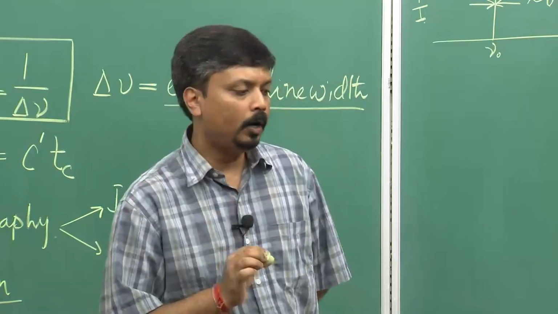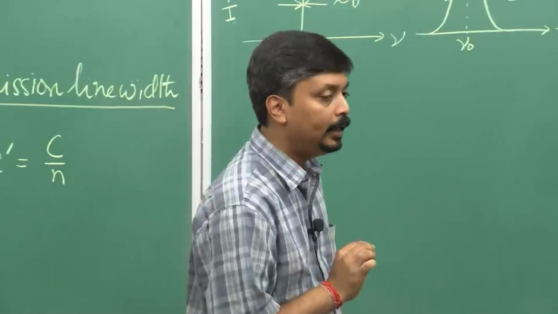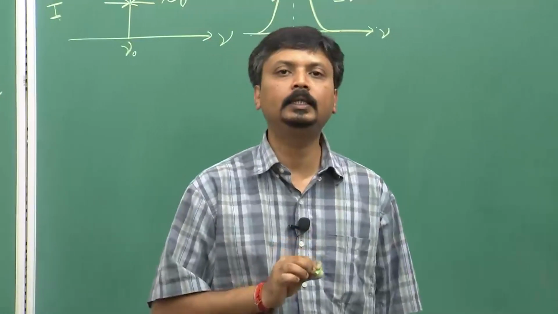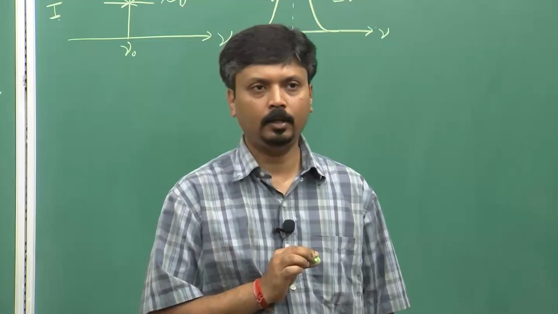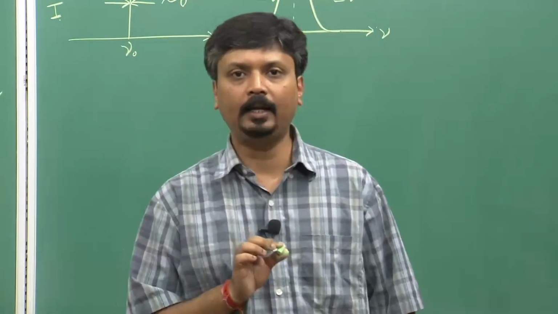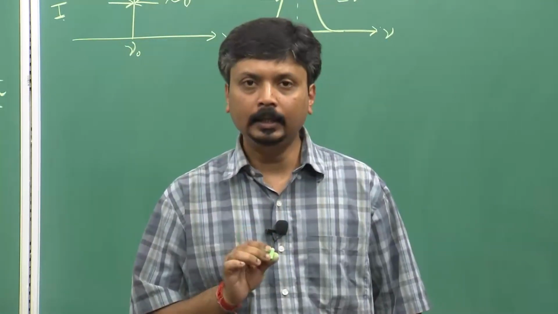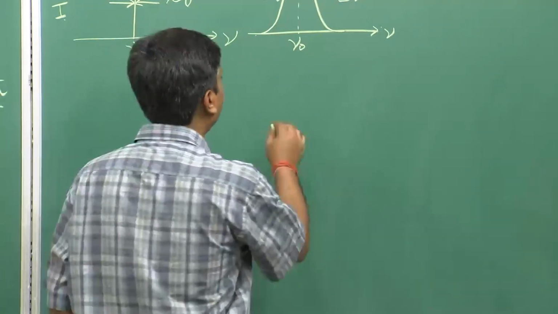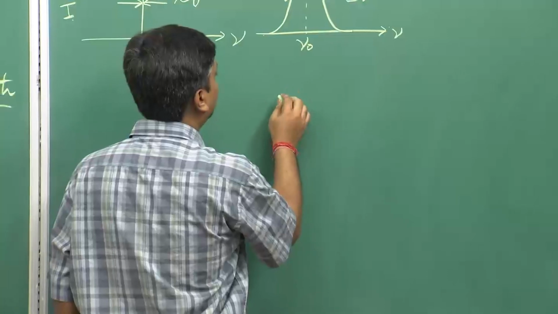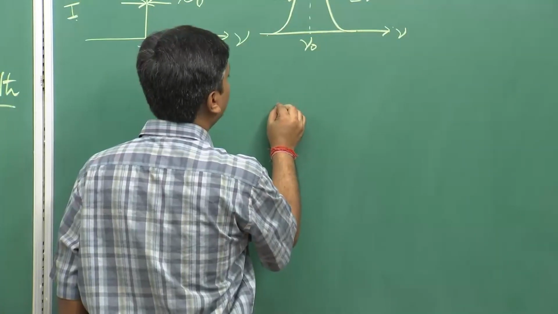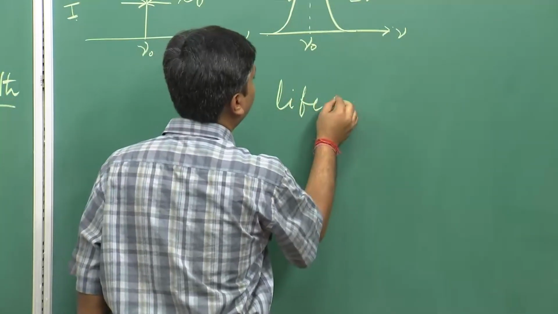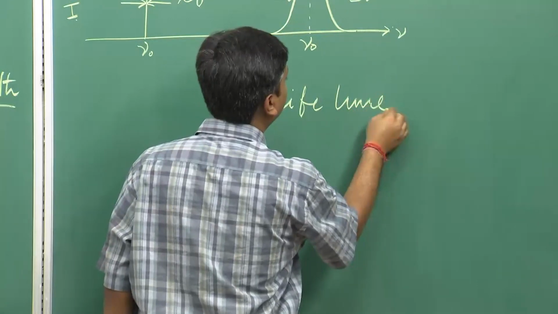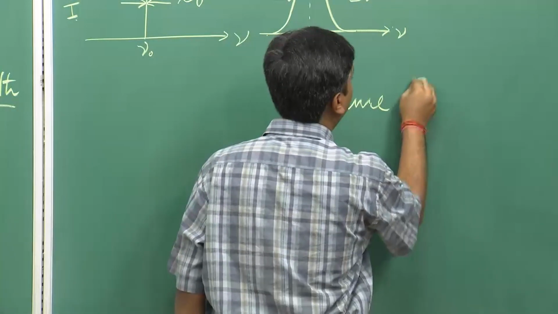The most important cause behind line broadening, which is inevitable, that means you cannot get rid of it at any cost, is what is called natural line width, or the broadening is called lifetime line broadening.